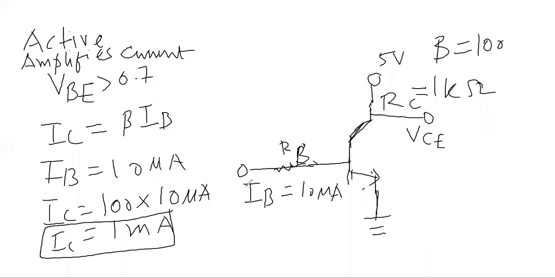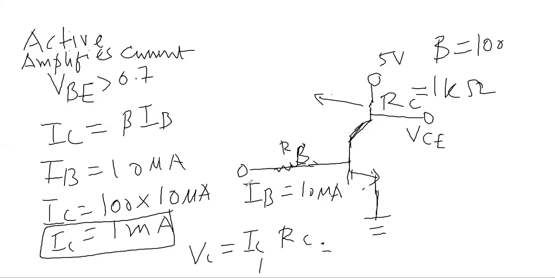Now we want to calculate the voltage dissipated in RC, meaning how much voltage is dropped at this point. Because you know IC and RC, you can find the voltage drop at that resistor, which will be IC times RC.